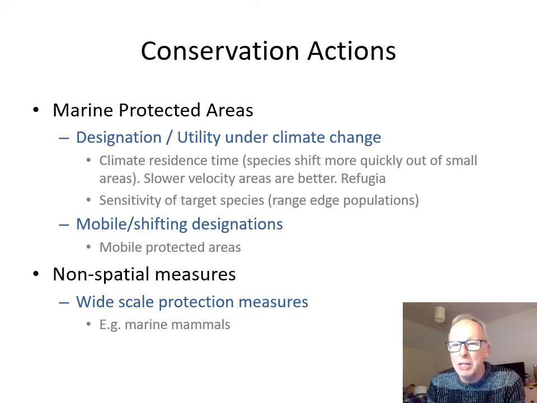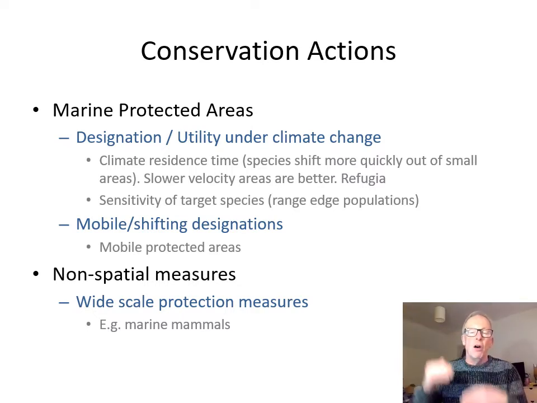So range edge populations of important species at the trailing warm edge, probably not a good place to put your MPA. And alternatively, if it were possible, shifting designations might help to overcome this effect of the overall poleward shifts of species.